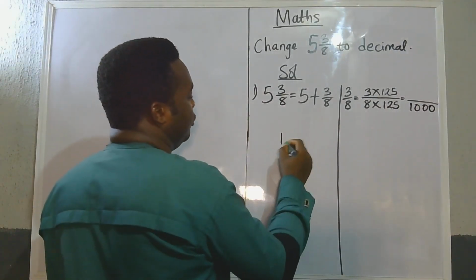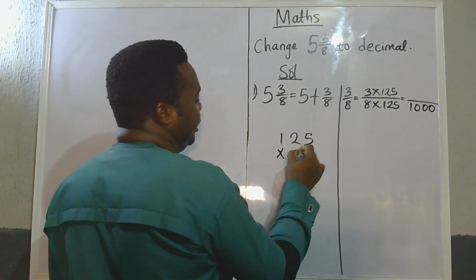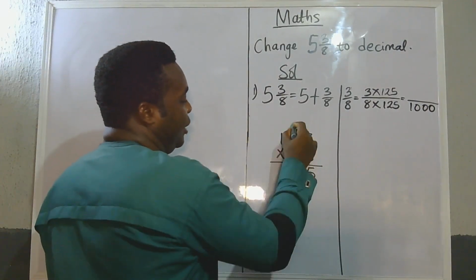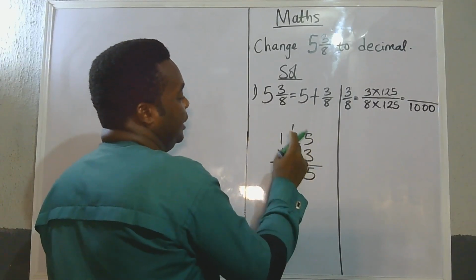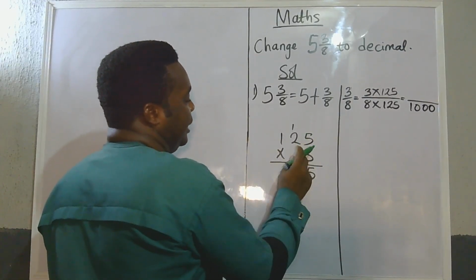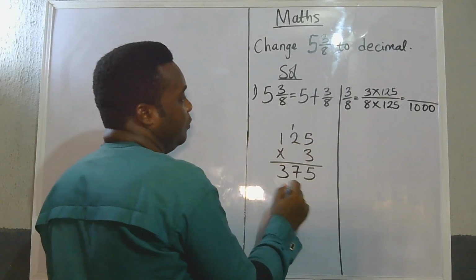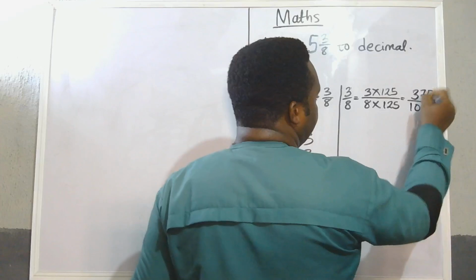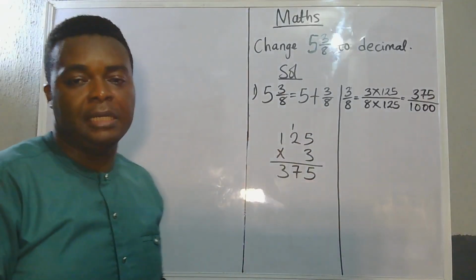Let's quickly do that. 125 multiplied by 3. So 3 times 5 is 15. Write down 5, carry 1. 3 times 2 is 6 plus 1 is 7. And then 3 times 1 is what? 3. So I'm getting 375. Is that clear?